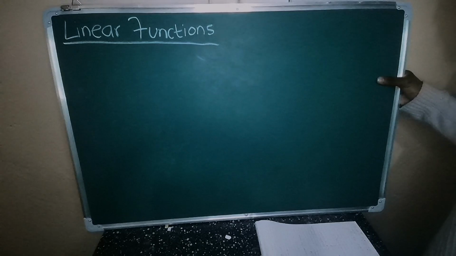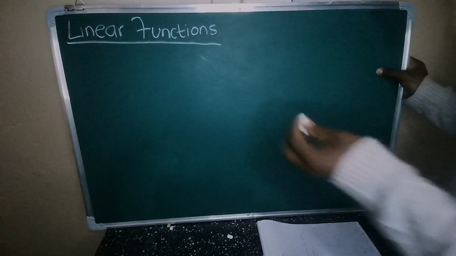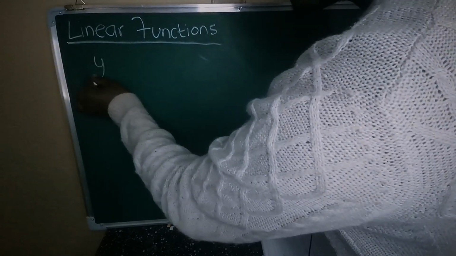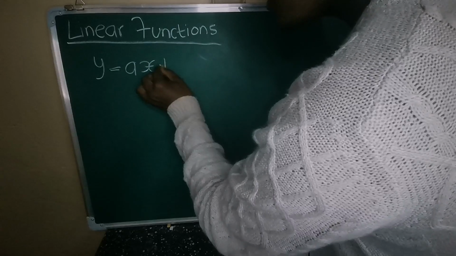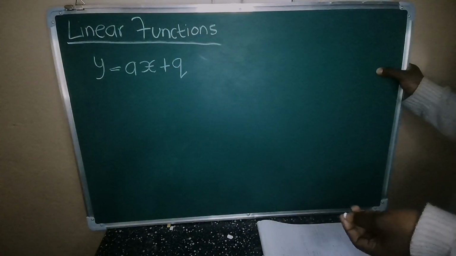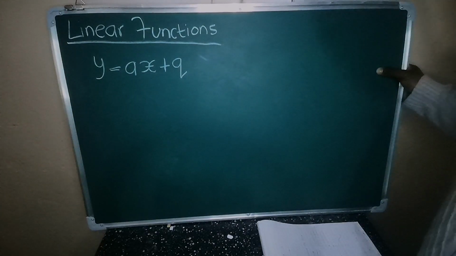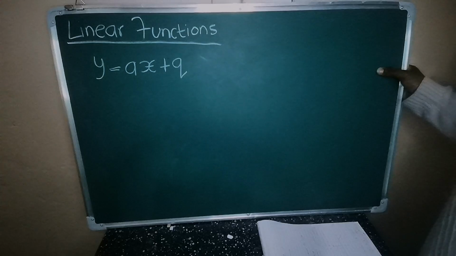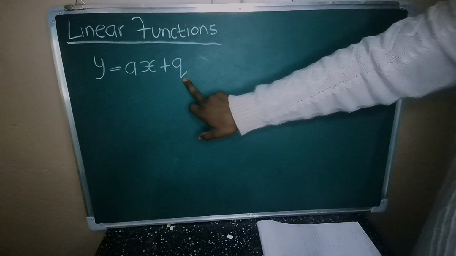So the basic general formula of a linear function is y equals ax plus q. Then some will write y equals mx plus c. mx plus c is the same as ax plus q.